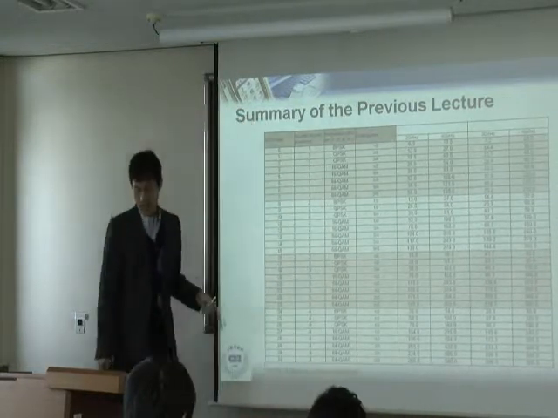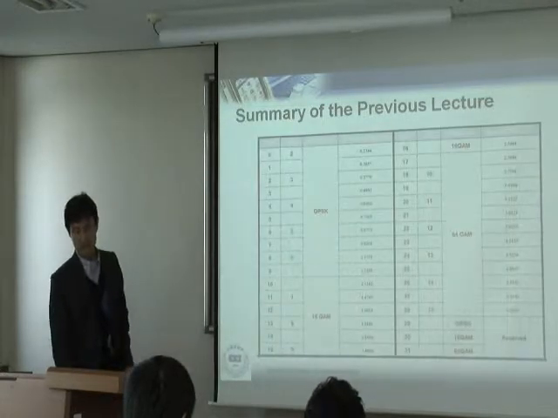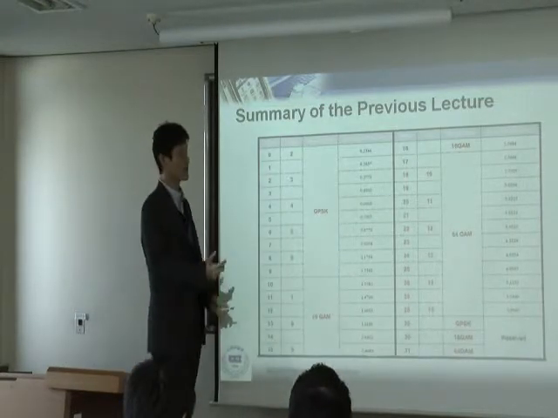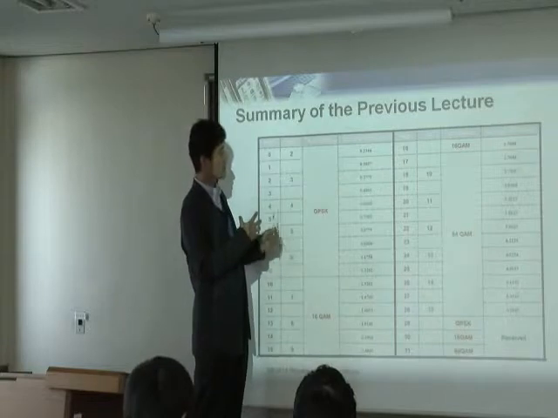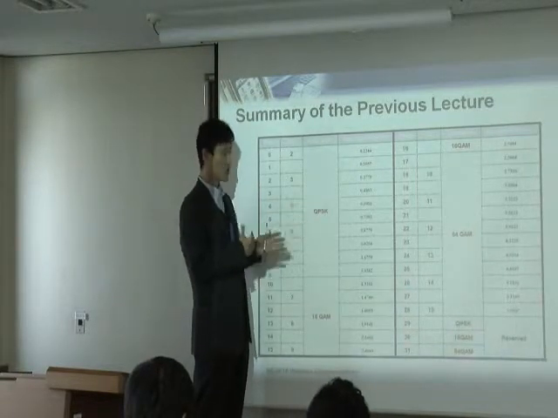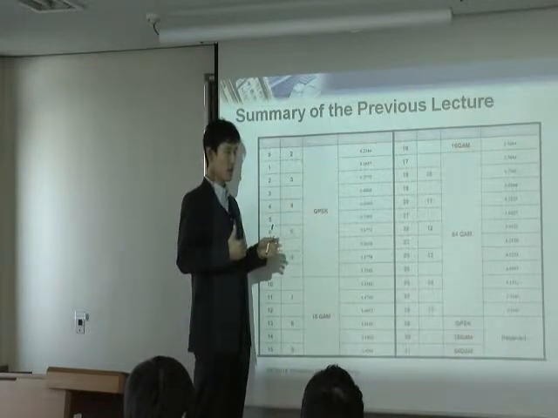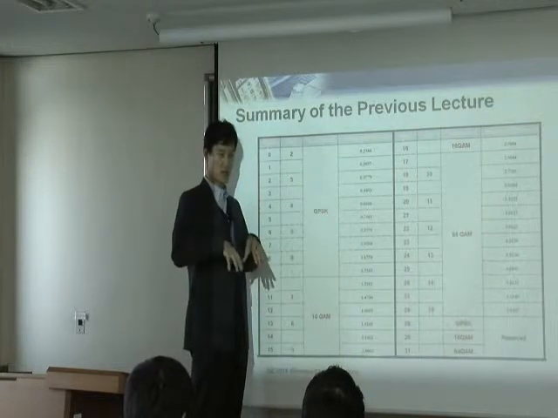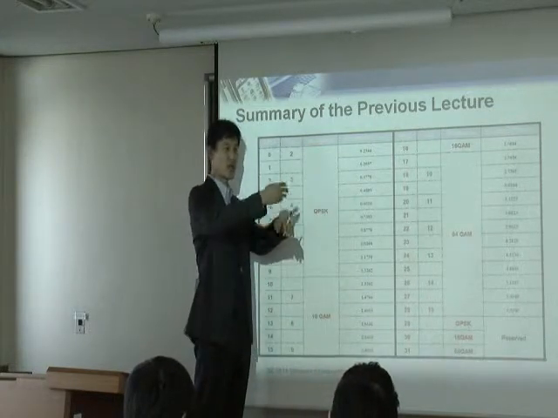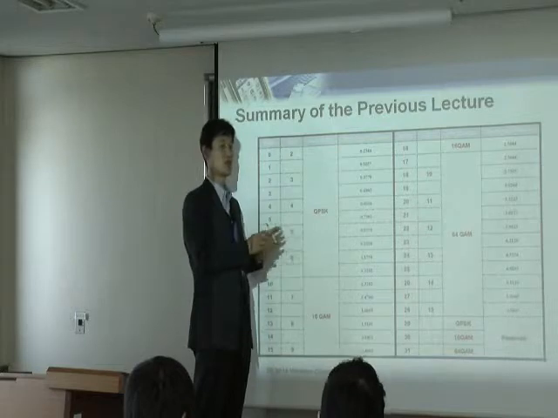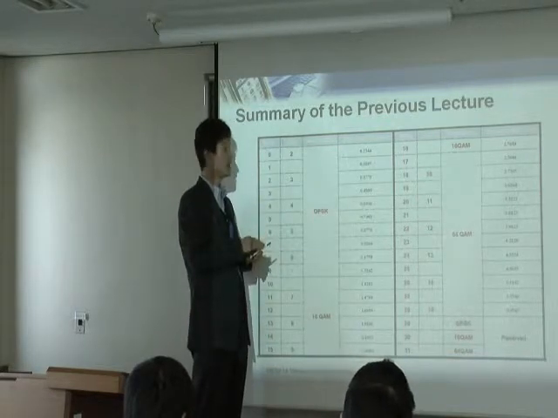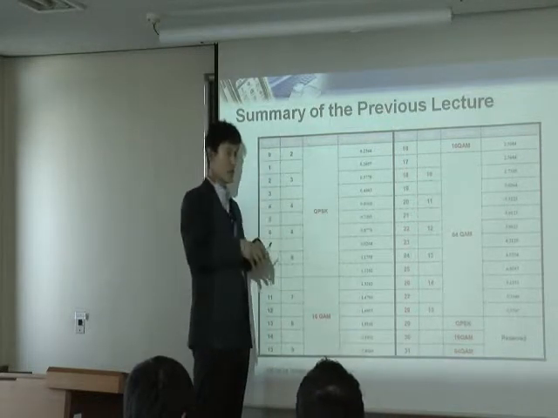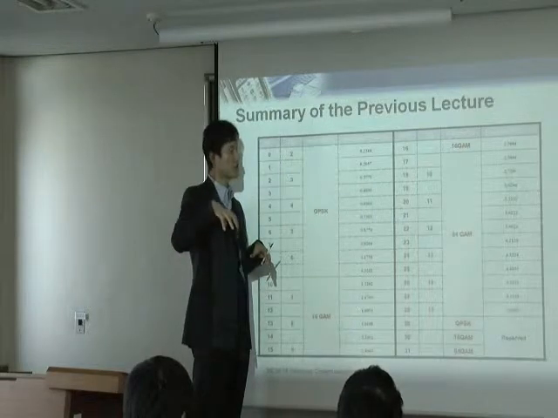However, in the LTE case, they approach it in a little bit different way. They do not start from modulation and coding and put them together to calculate the spectral efficiency. What they do instead is they have a modulation and they start from the spectral efficiency.